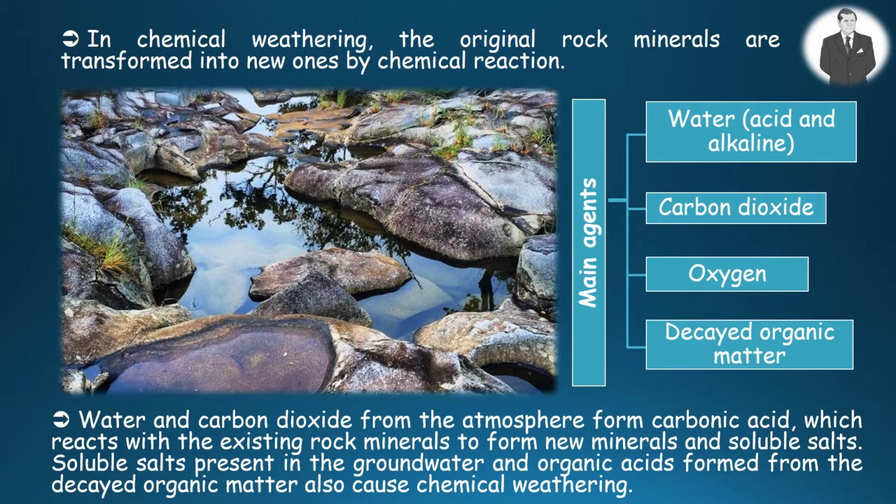Water and carbon dioxide from the atmosphere generate carbonic acid, which in turn reacts with the existing rock minerals to form new ones, and soluble salts. Soluble salts available in the groundwater and organic acids resulting from the decayed organic matter also result in chemical weathering.